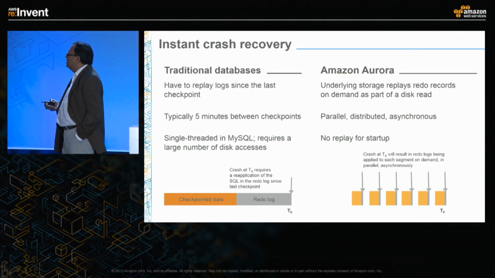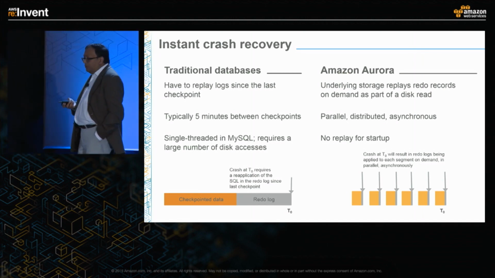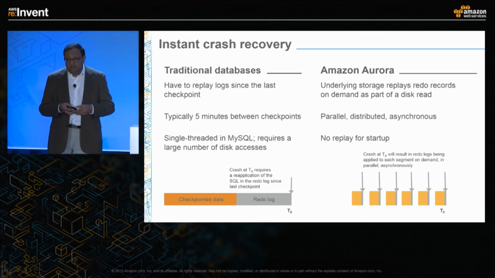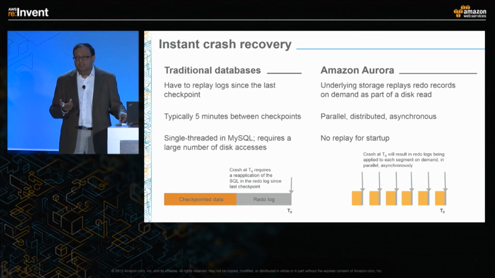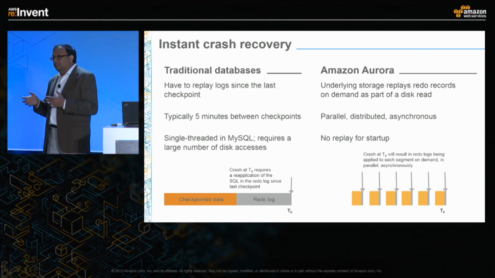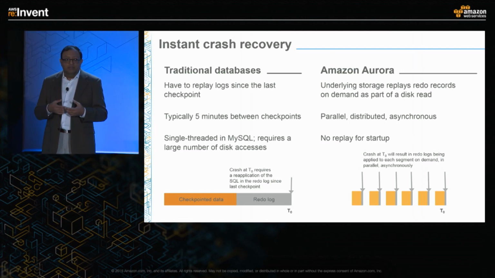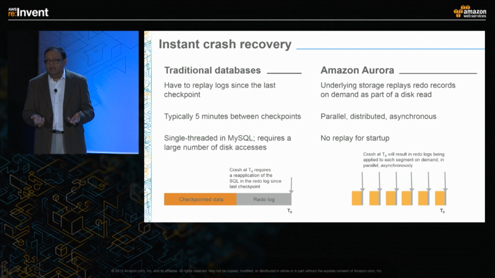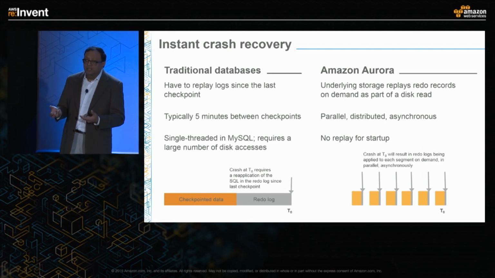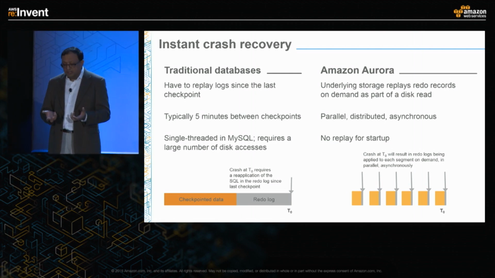If you look at Amazon Aurora, what we've done is we've built a log-structured storage system underneath the covers. Each 10 gigabyte segment has its own segmented portion of the redo log. If you ask for a data block out of Aurora storage, it basically goes and tries to get a data block.